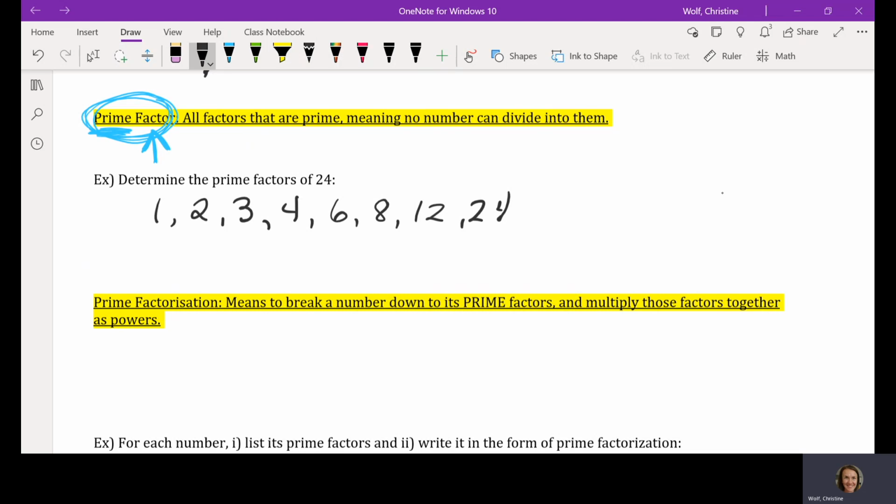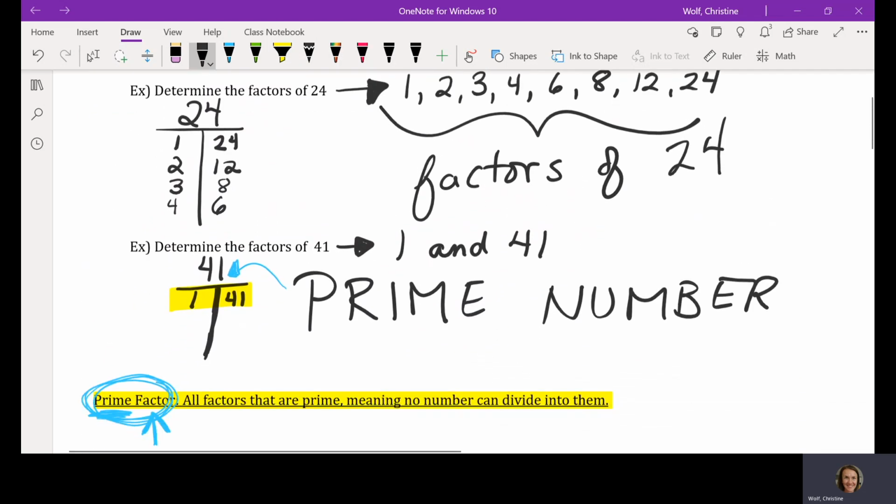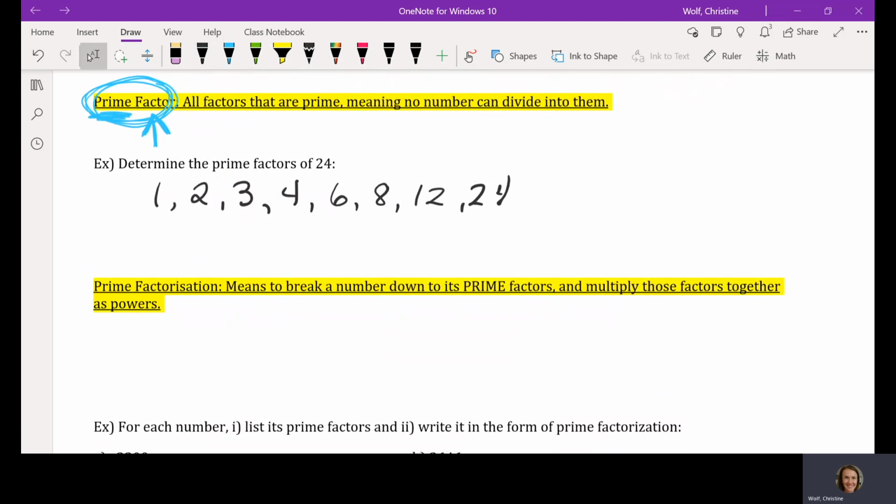So I just got those numbers from going back up here and getting those factors we found for 24. But for this question, I'm asking you to find only the prime factors. So what you're going to do now is you're going to go through this list and ask yourself which of these numbers are prime, meaning there's no way to multiply and get that number.